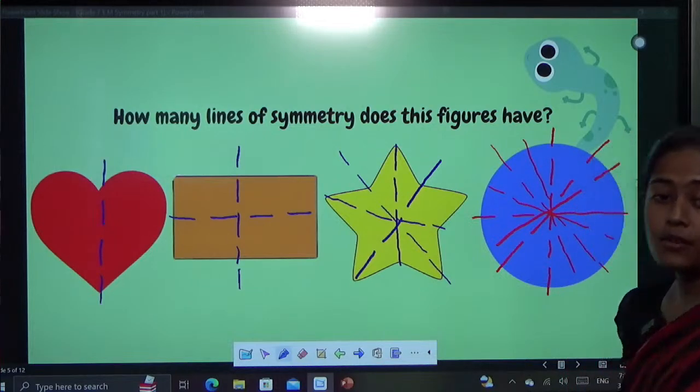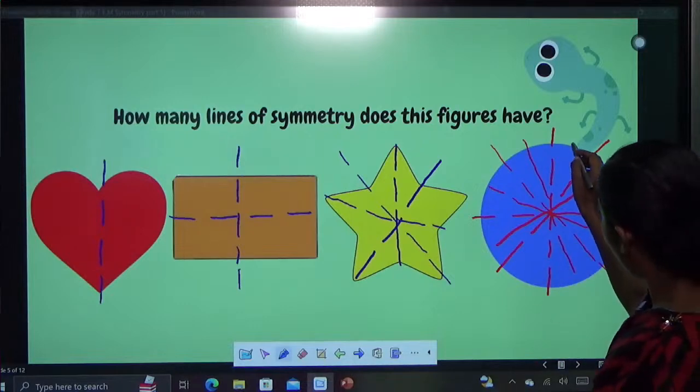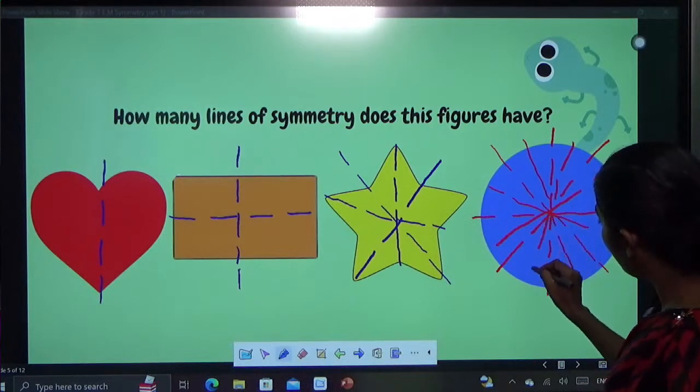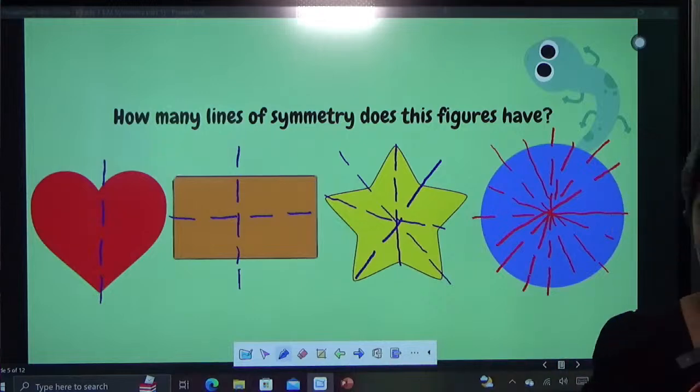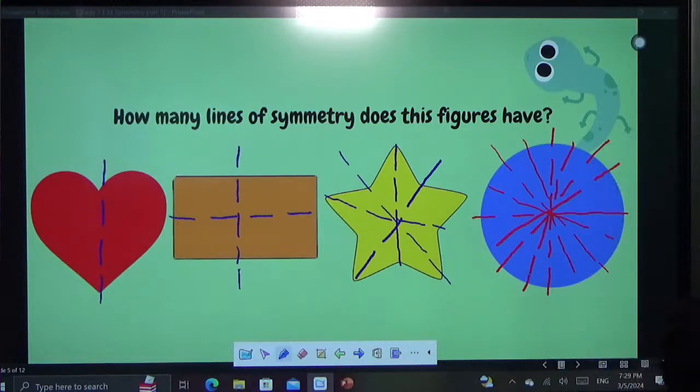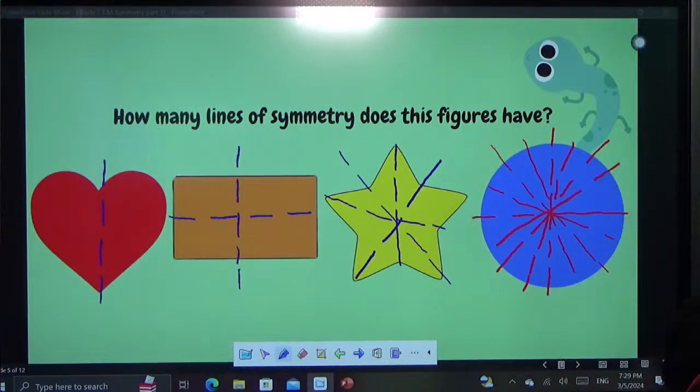We can find more symmetrical axes. If I try to draw some more like this, we can find so many symmetrical axes. So we can say for the circle, an uncountable number of symmetrical axes are there, right? I think you have marked those in your books, right? Then shall we move to the next part?